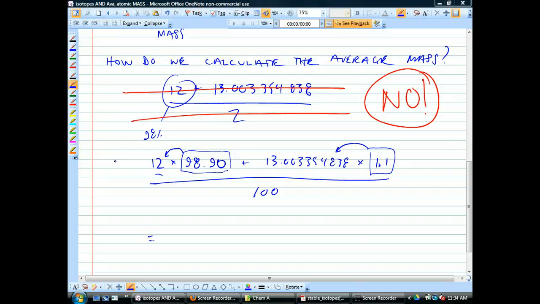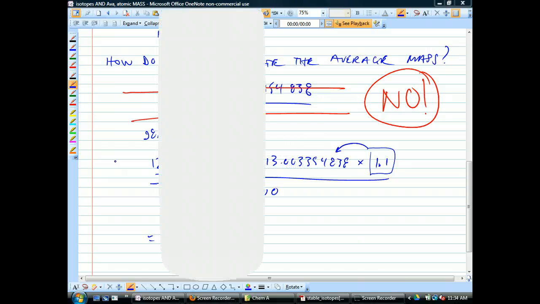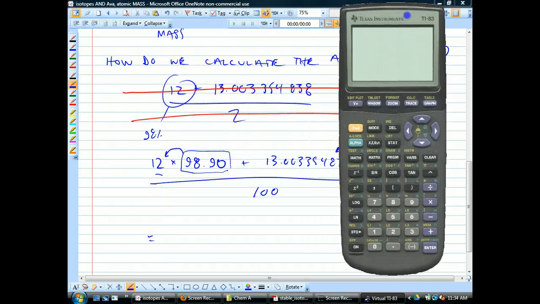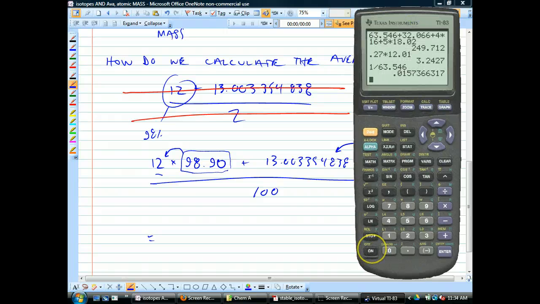Let's open up the calculator. You're not always going to have to use so many digits as I have up here for the mass. 98.90. Do you have an actual calculator over there with you, or is that on the computer? This is on the computer. 13.003354838 times 1.1, divided by 100.